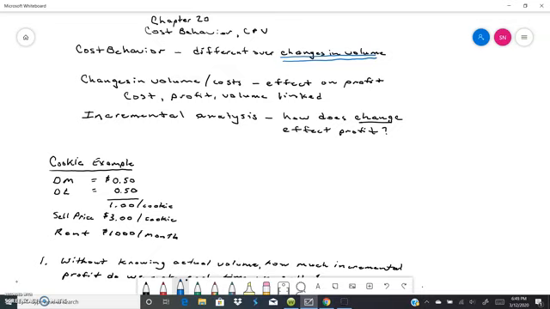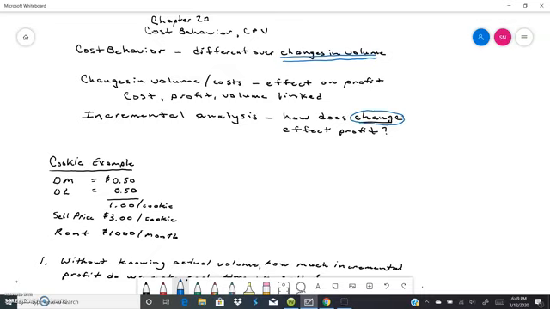Now, the beauty of all this is that we can do what's called incremental analysis. So we don't have to reconstruct very lengthy, time-consuming income statement analyses every time we want to change one little tiny variable. What we can do instead is evaluate very quickly, how does the change affect our profit?